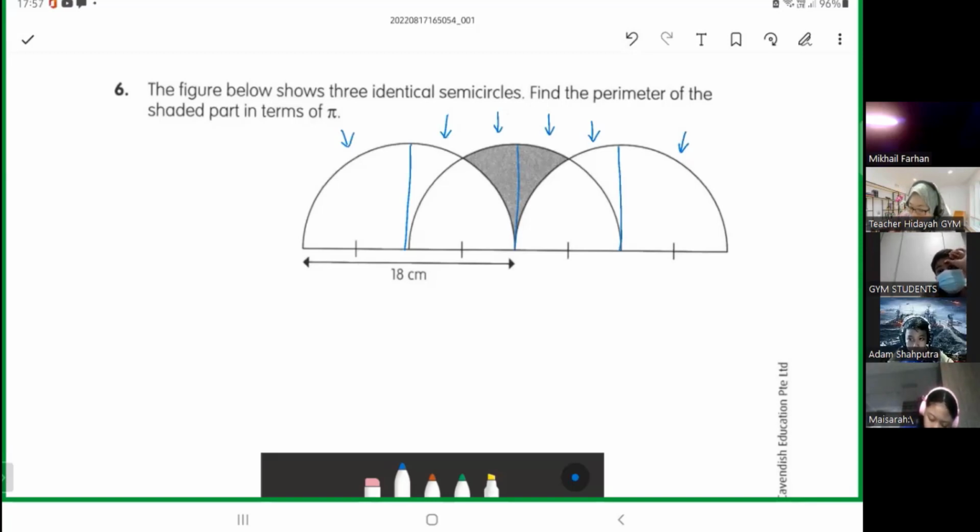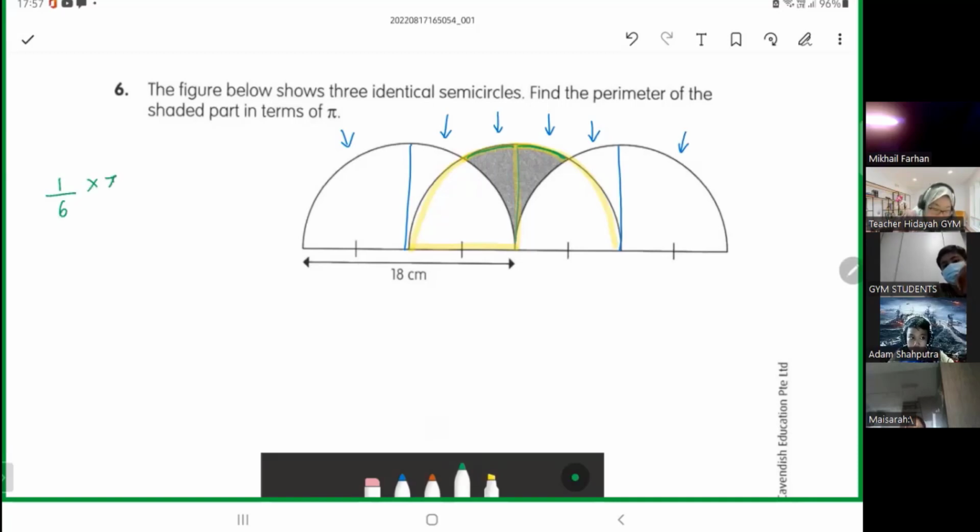One of them is this side, another one is this side, but the top part that is shaded is half of the quadrant. Half quadrant plus half quadrant becomes one quadrant, correct? So that is 1 out of the 6 quadrants that I have.